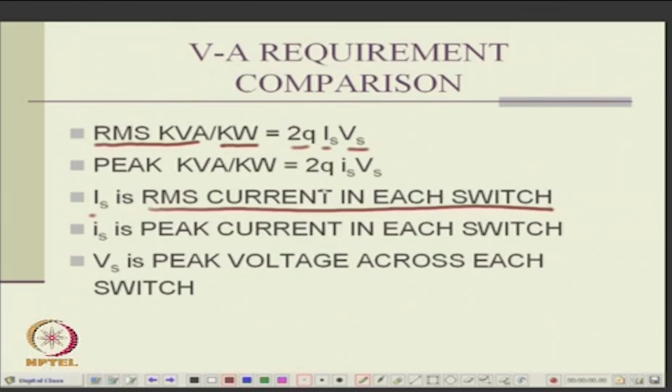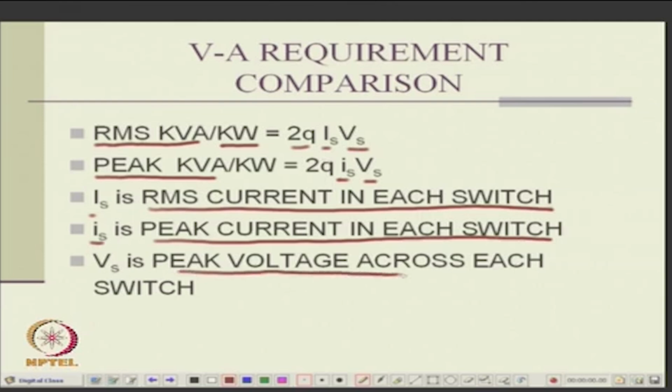Each switch has an RMS current, and small is the peak current in each switch that is flowing through. So, the peak kVA required per kilowatt is 2Q IS. Why 2? Because 2 switches are operating at any time. Okay. So, Vs is the peak voltage across each switch, right. So, this is the rating of the converters.